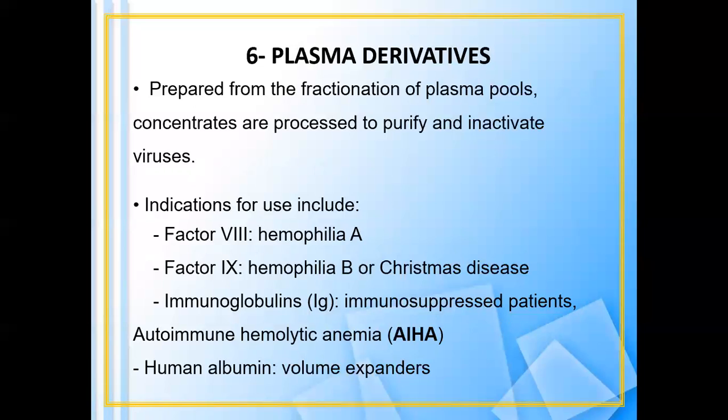We have a big centrifuge special for the blood units, and we can separate the plasma, pool it, concentrate it and use it for patients. Indications for use include factor 9 for hemophilia A and factor 10 for hemophilia B or Christmas disease, immunoglobulins for immunosuppressed patients who have a problem in immunoglobulin level, autoimmune hemolytic anemia, and human albumin as volume expanders for people who have a deficiency of albumin.